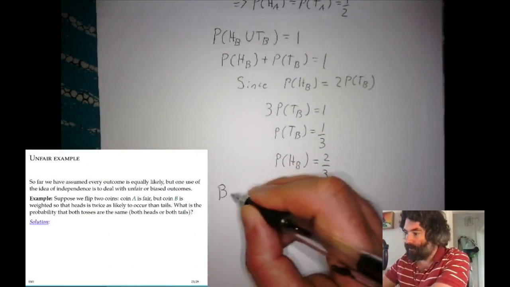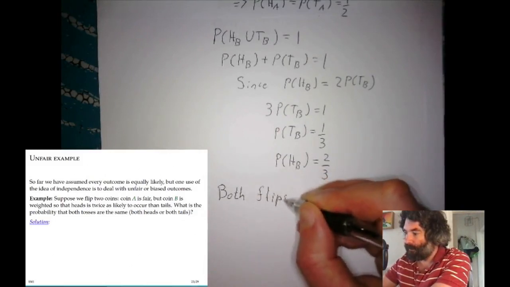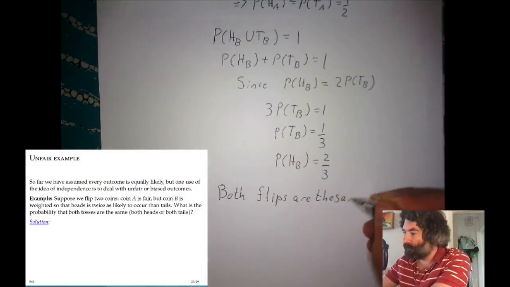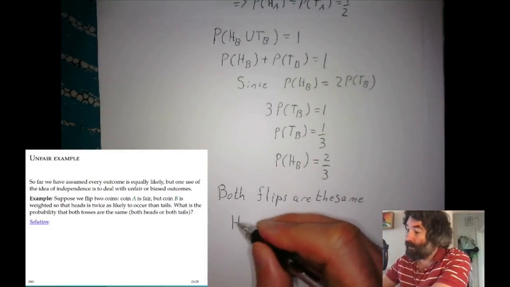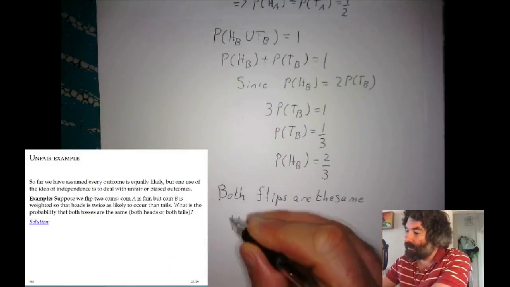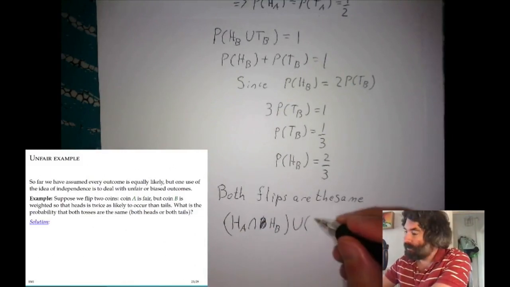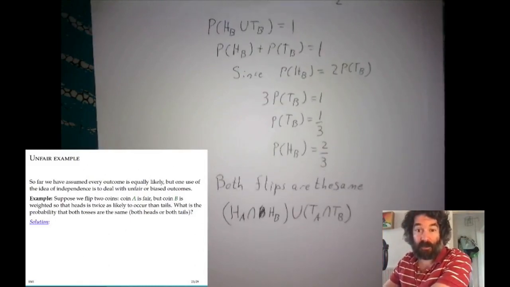All right, now let's consider the event where both flips are the same. It is where we either get heads on A and heads on B, or we get tails on A and tails on B. Okay, so this is the event whose probability we want to determine.